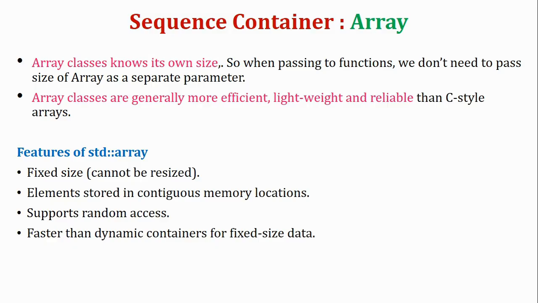The array classes are generally more efficient, lightweight, and reliable. So, what are the features of array here? It is fixed size. The elements are stored in continuous memory locations. It supports random access. It is faster than a dynamic container.